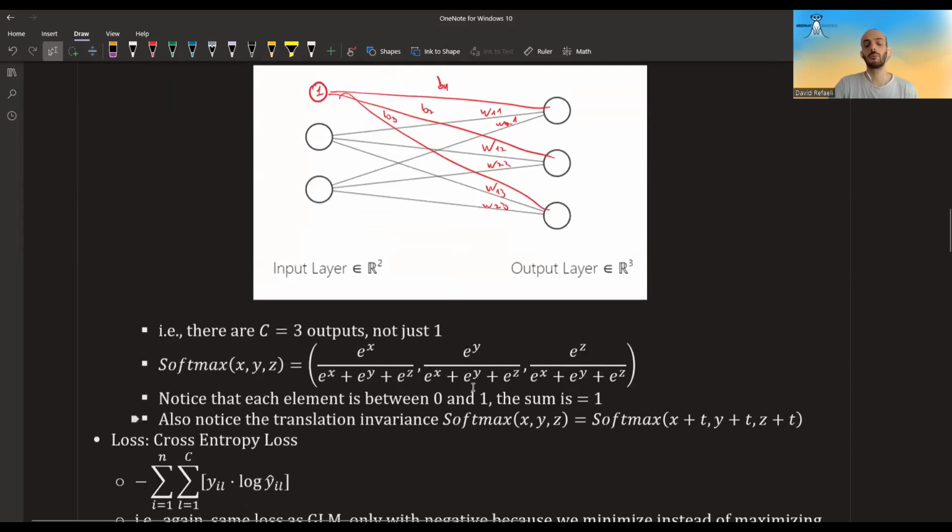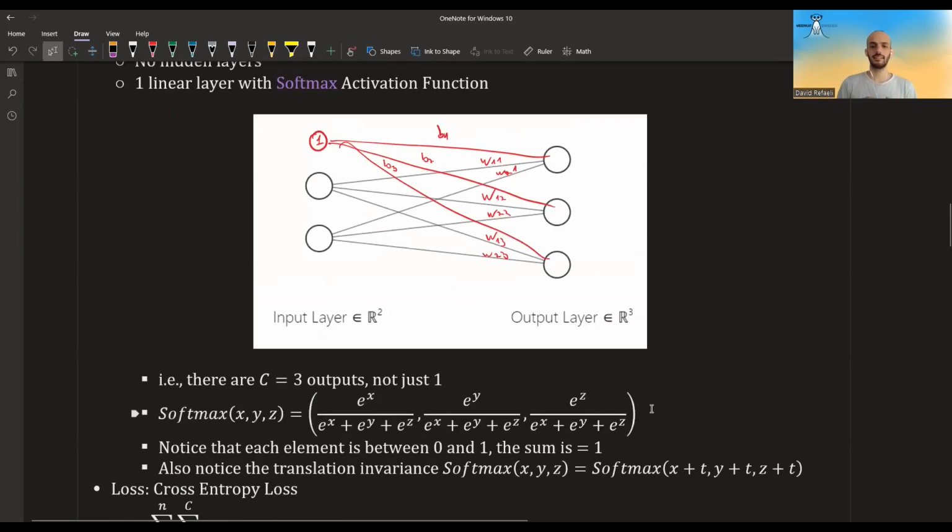Okay, and also what it does in practice, it really gives almost 1 to the maximum and almost 0 to the other two of the x, y, z here. And this is why it's called the softmax, because it doesn't just take the max. The max will just give you 1 for the maximum and 0 for the rest. It gives you almost 1 for the max and almost 0s for the non-max. So it's a soft maximum.